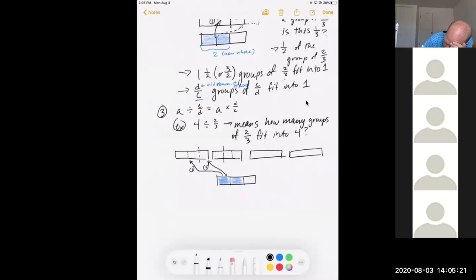And this one right here, the third one. Fifth one, and the sixth one way out there. So there are 6 groups of 2/3 that fit into 4.